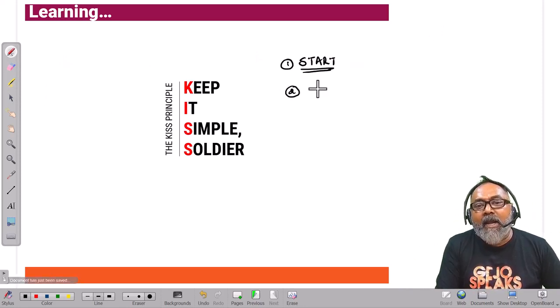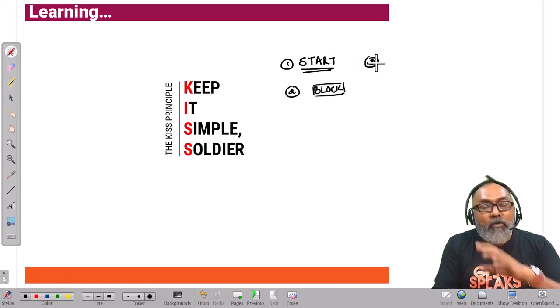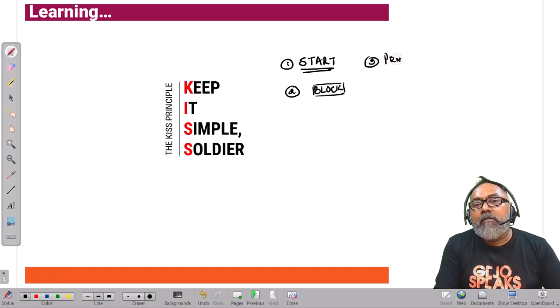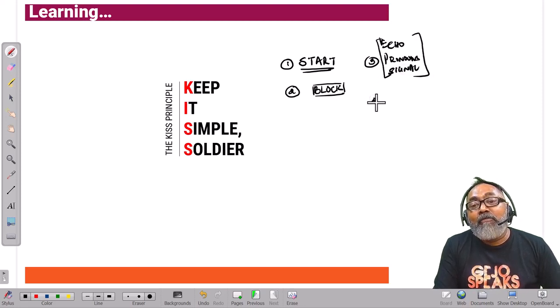So we can identify blocks, by using, of course, pronouns, echo, and signal. We can identify a block, and we can also do sequencing.